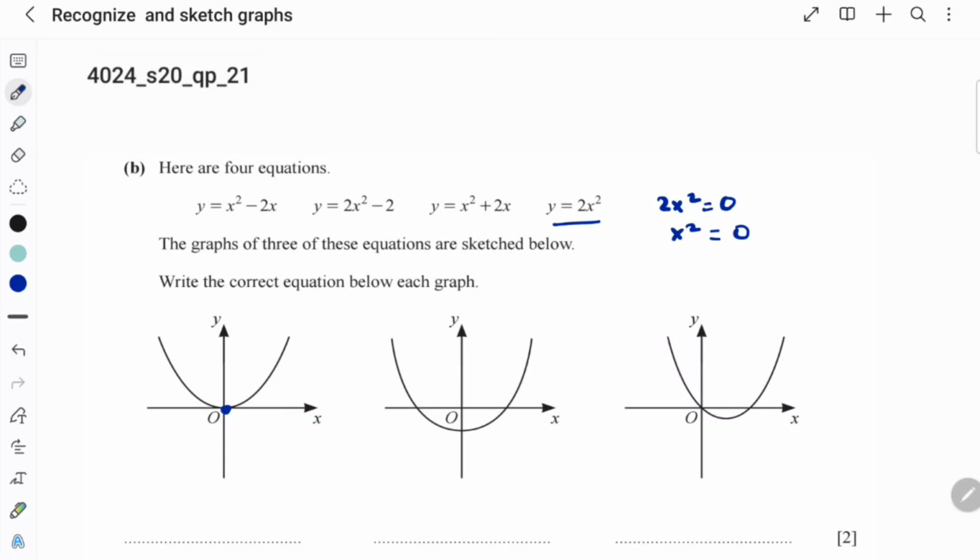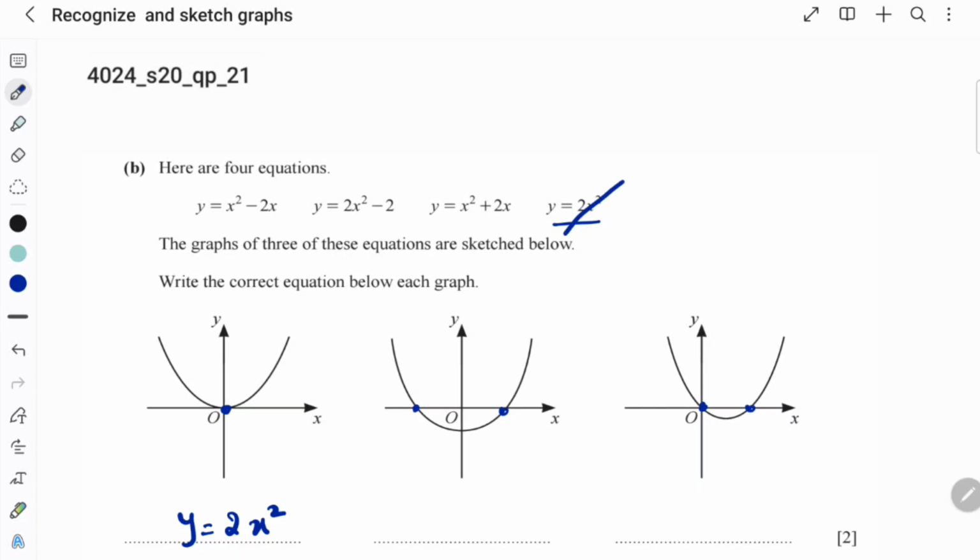So you just have answer 0 for this. So the first curve is y is equal to 2x square. The second one is intersecting at 2 points. One of the points is negative and another point is positive, and here it is intersecting at 0 and a positive answer. So we have done this one.